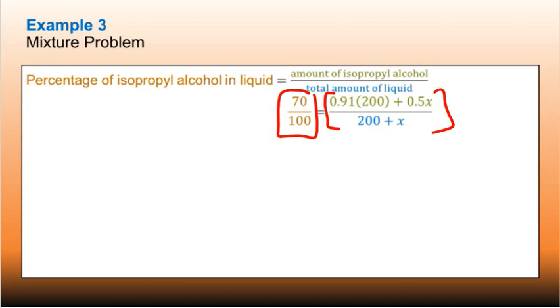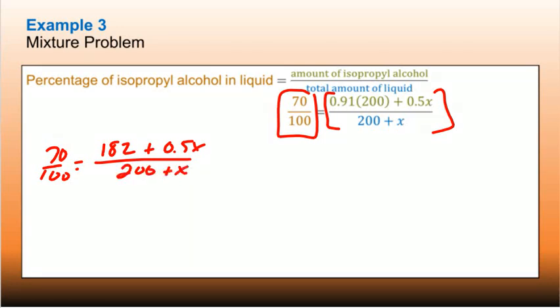To solve that one, we need to simplify this first. So this is 70 over 100 equals 0.91 of 200 is 182 plus 0.5x all over 200 plus x.